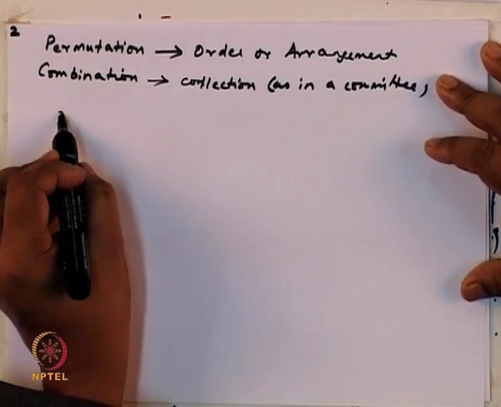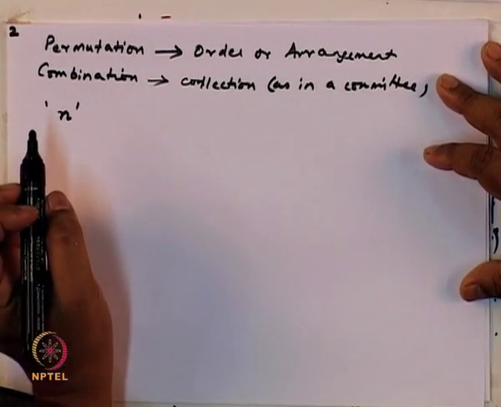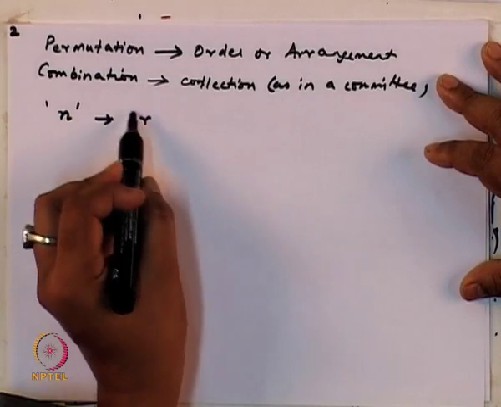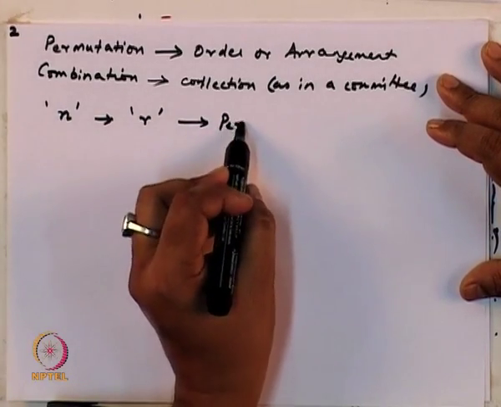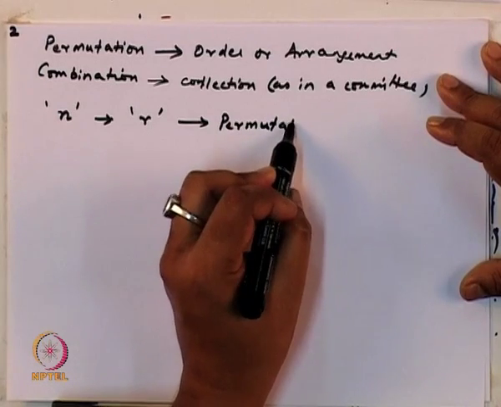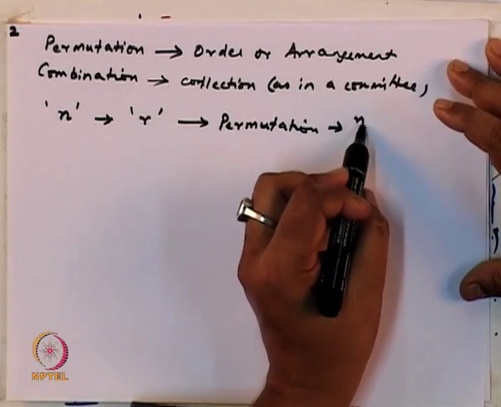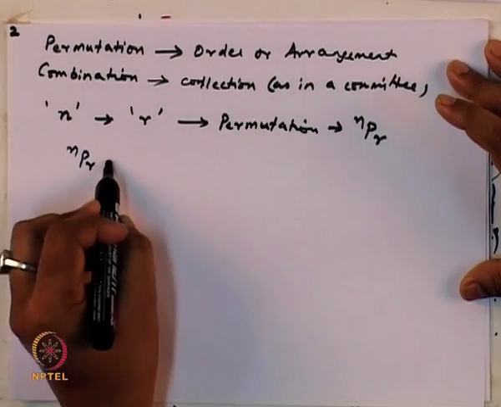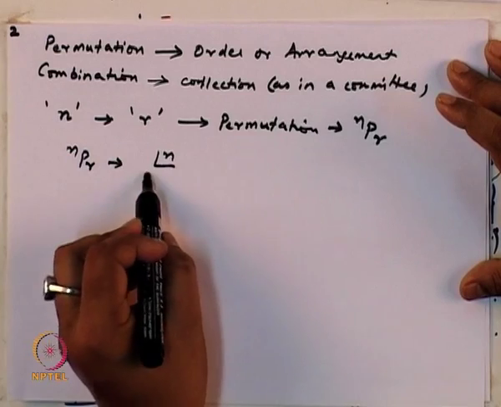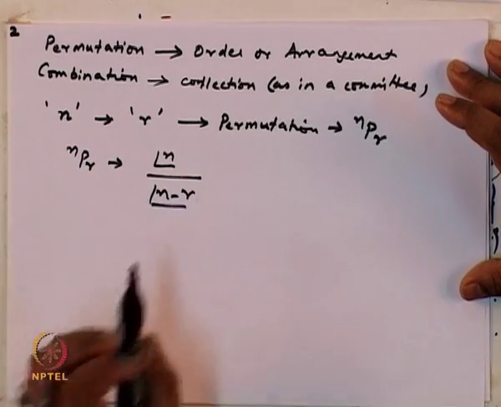Okay. So, given n numbers, you can arrange them in r different ways. If you are talking about arrangement, then you are talking about permutation, and this is given by the expression nPr. And nPr is defined by factorial n by factorial n minus r.